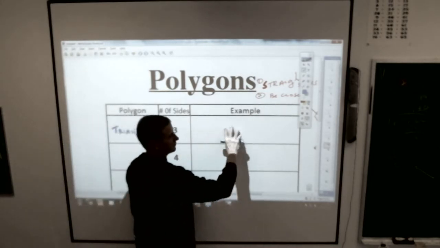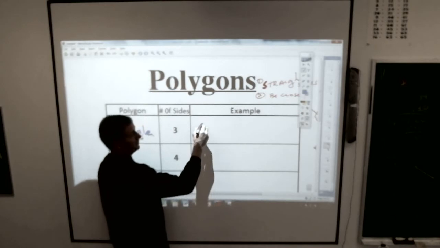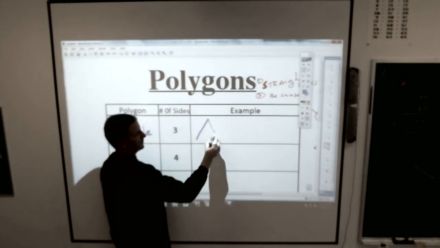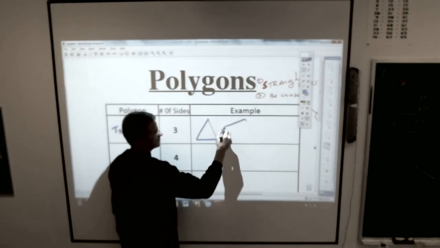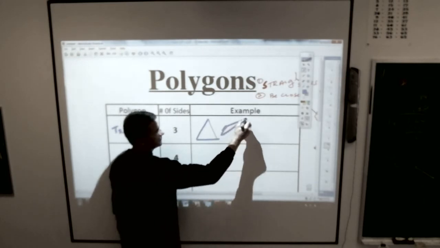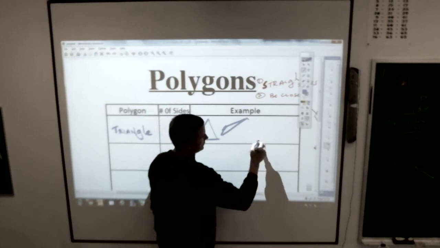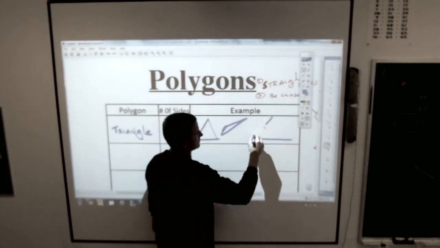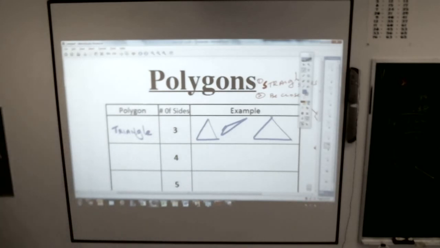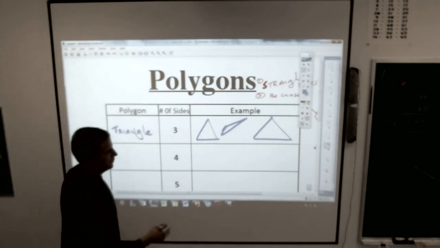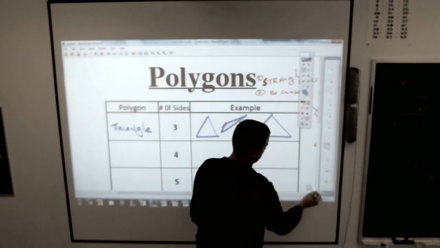And I've given you lots of room to write some examples because triangles come in different sizes. You've got one that could look like this. You've got one that could look like this. Ooh, that's not very good. You've got all sorts of triangles. Flat, squish, whatever. Big triangles, small triangles.